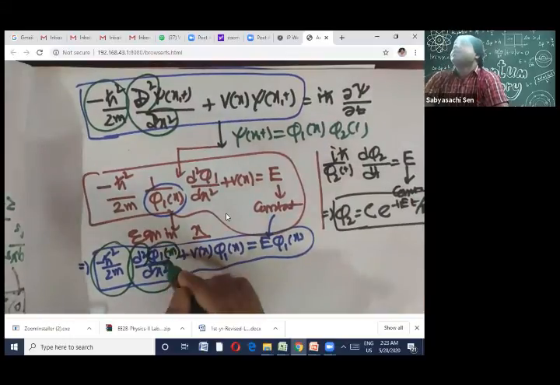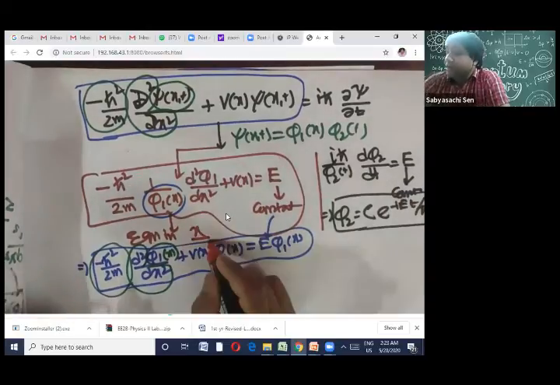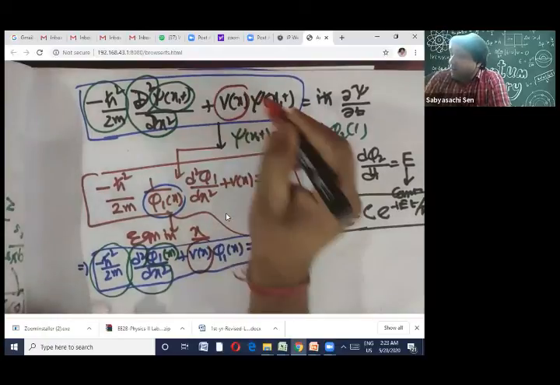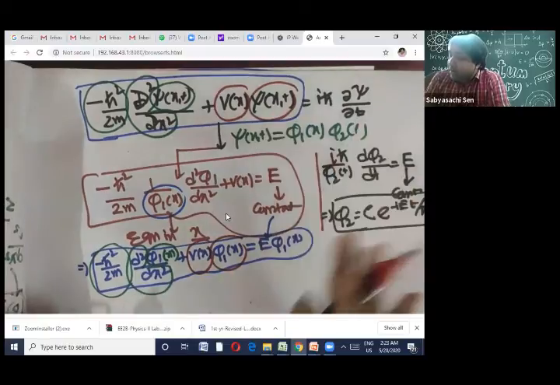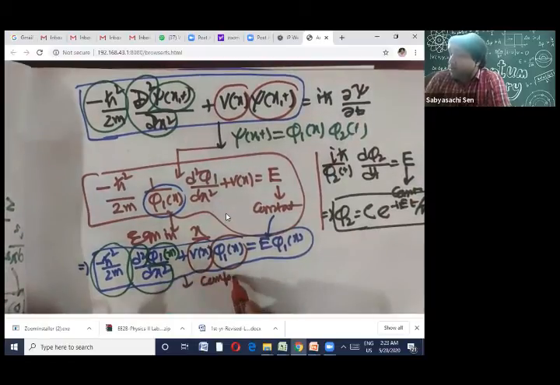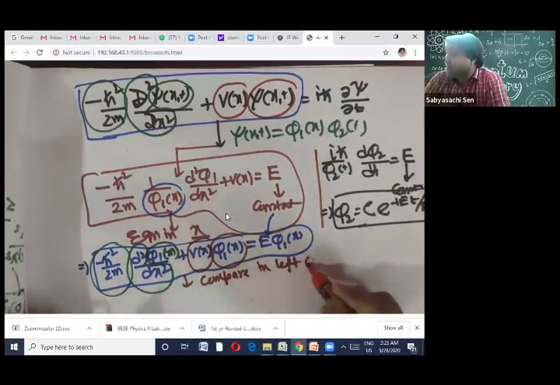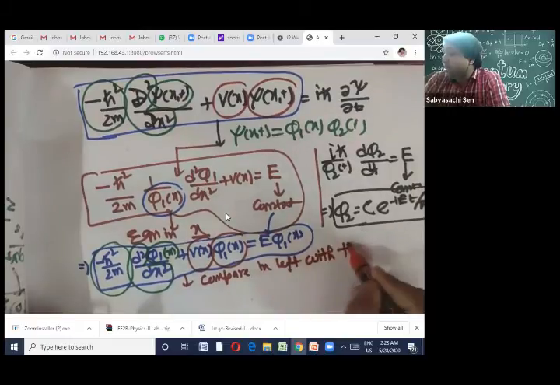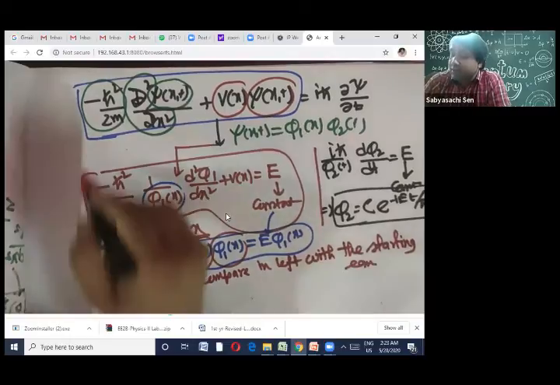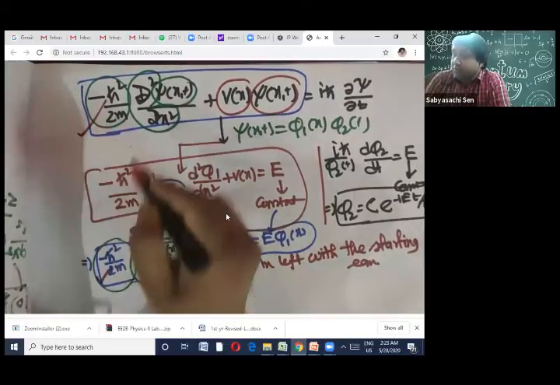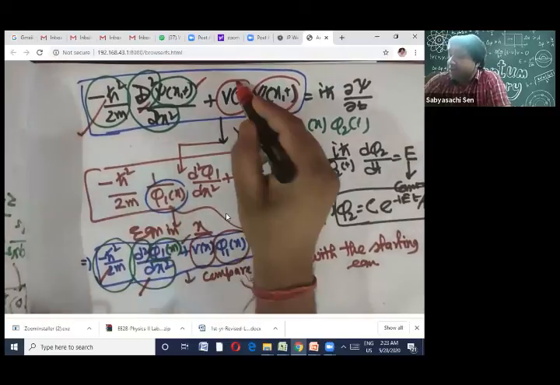Next, potential energy term, potential energy term, function, function. Both the equations are very similar.